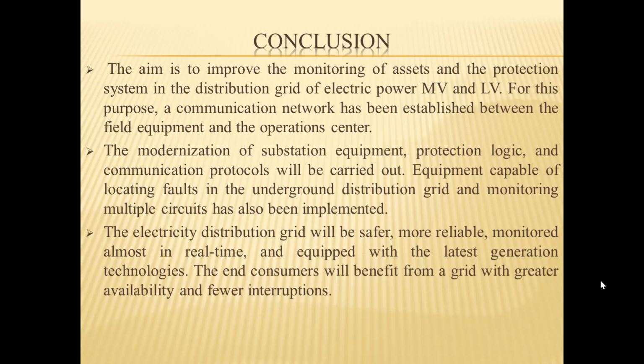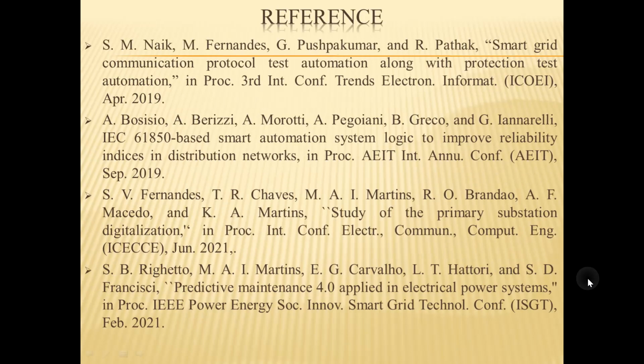Equipment capable of locating faults in the underground distribution grid and monitoring multiple circuits has also been implemented. The electricity distribution grid will be safer, more reliable, monitored almost in real time, and equipped with the latest generation technologies. The end consumers will benefit from grids with greater availability and fewer interruptions.